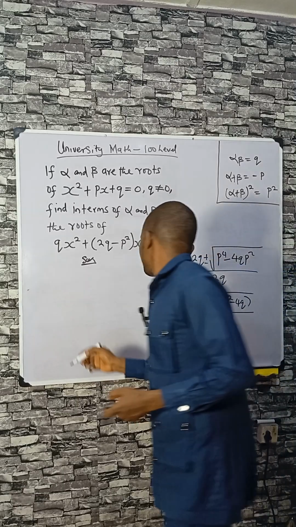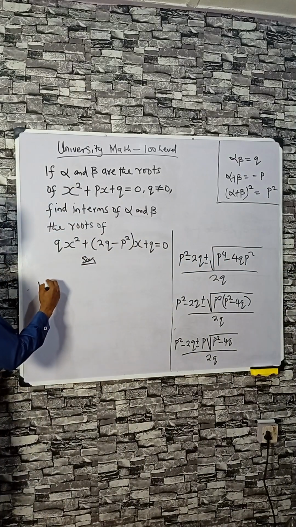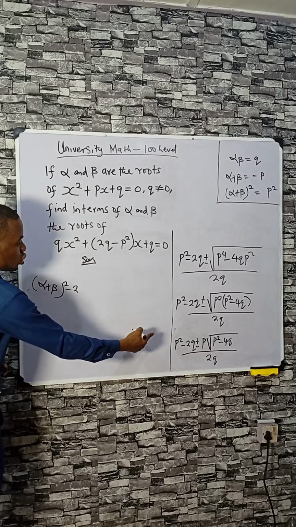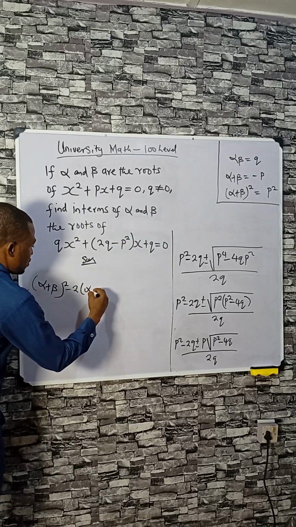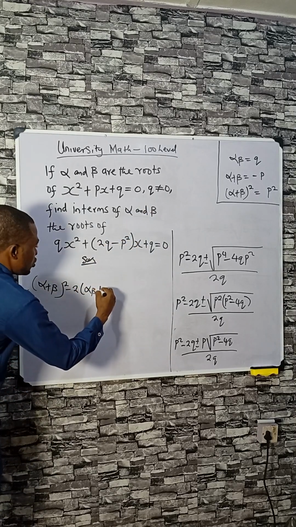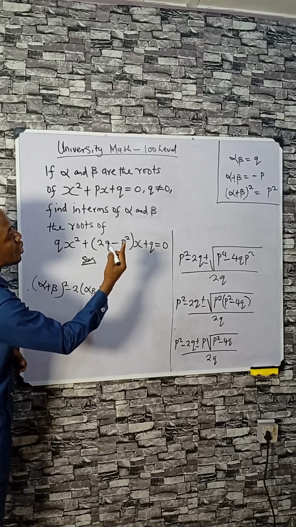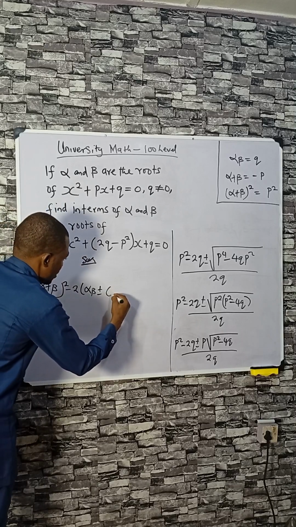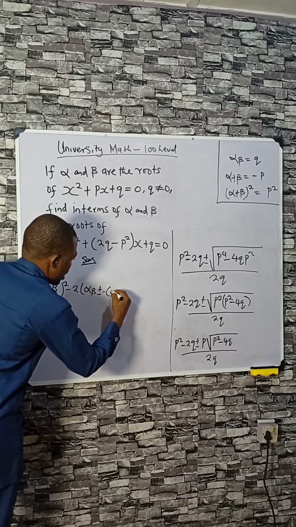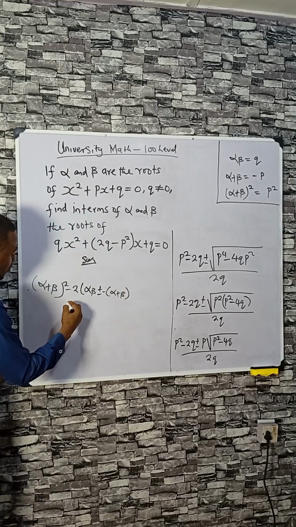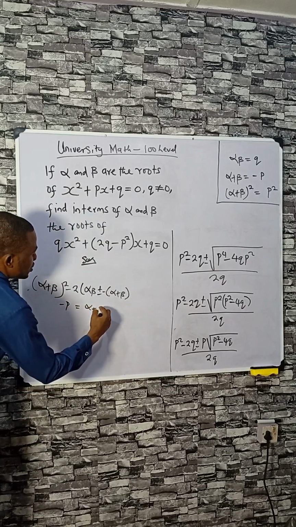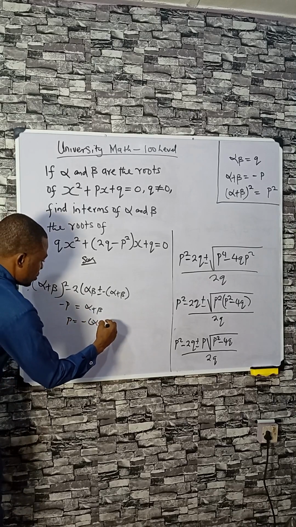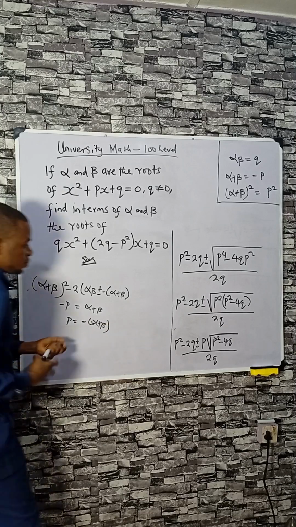So here, in the place of p squared, we have alpha plus beta all squared, minus 2q. q there is alpha beta, then plus or minus p. p there is what? p is minus alpha plus beta, because if minus p is alpha plus beta, and we give minus to this sign, that will be p equals minus alpha plus beta. So I'm trying to do that now.